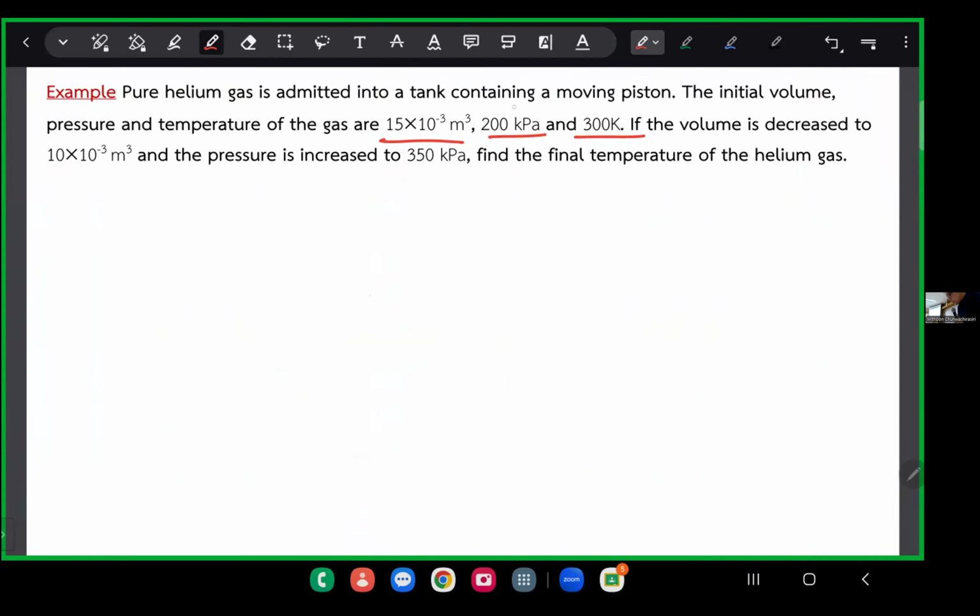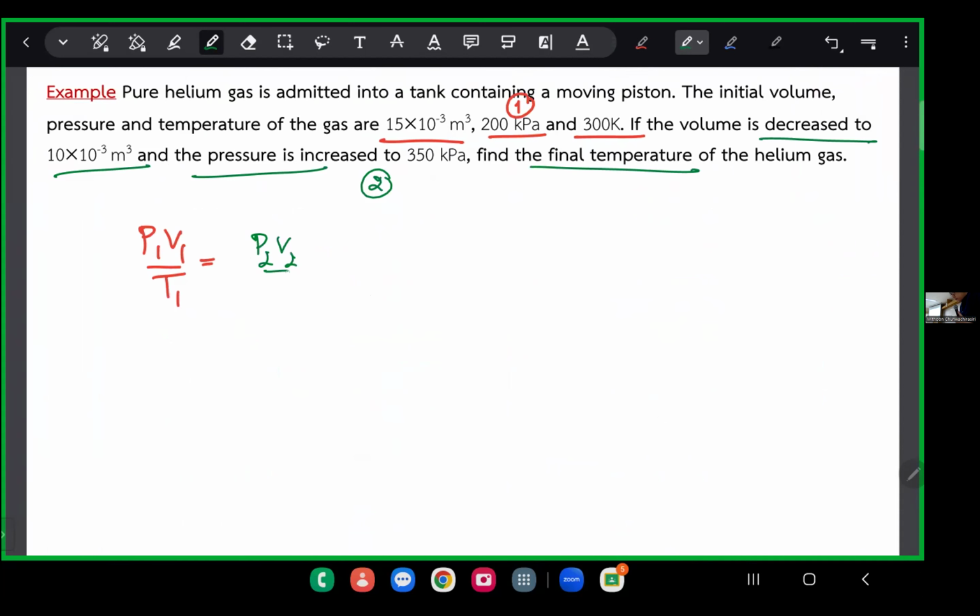So let me name the condition number 1 to be anything related to 1 with the subscript 1. And after the change, you get a new volume, new pressure. You want to figure out the new temperature. Let me call it the condition number 2. And use that relationship. You say P1 V1 over T1 must be equal to P2 V2 over T2.